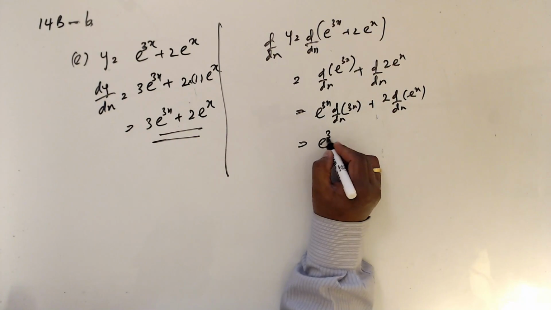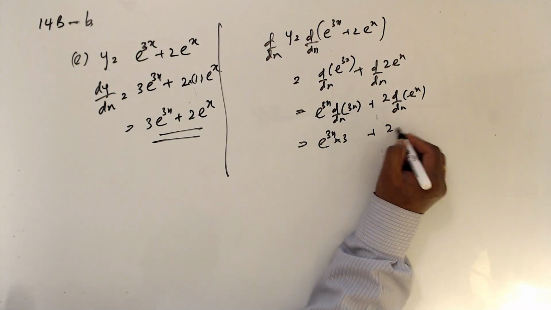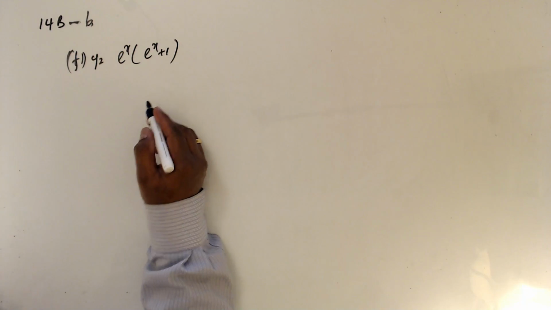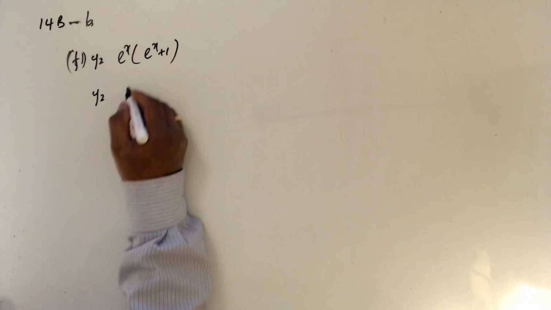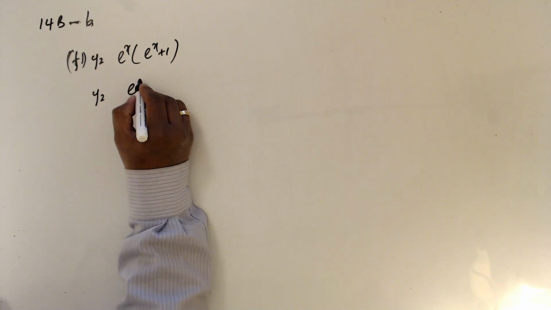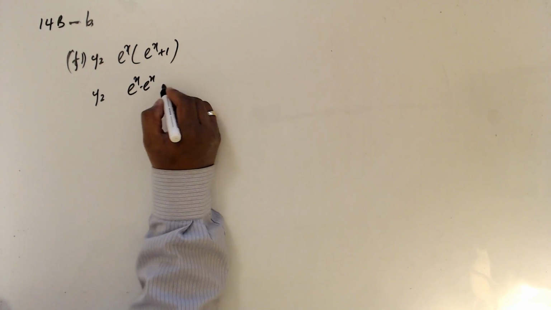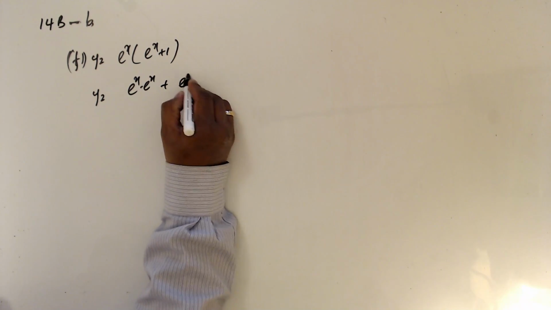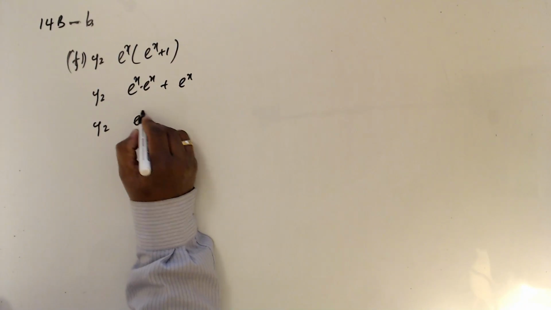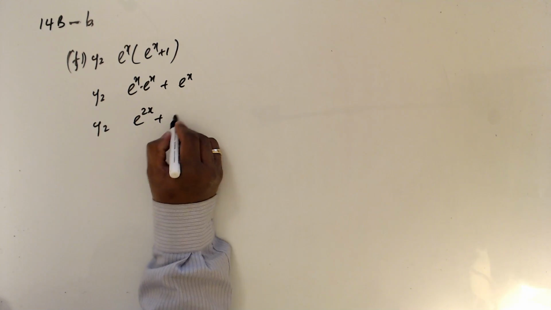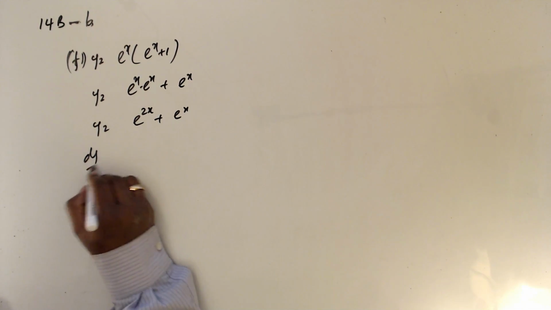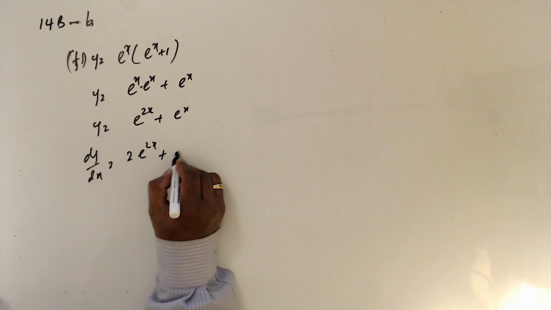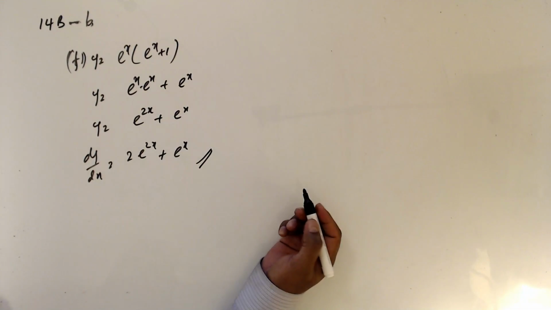So this is e^3x times 3 plus 2e^x. Now y equals e^2x plus e^x, then dy/dx is 2e^2x plus e^x.